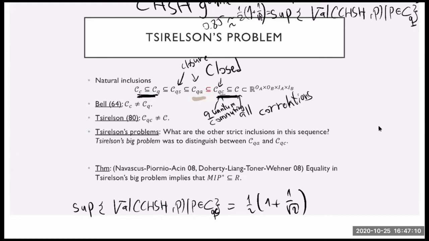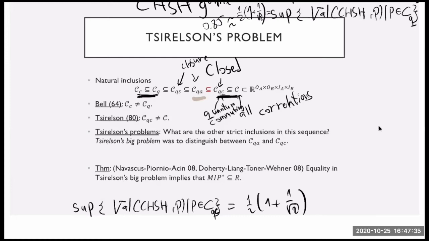The other reason is that this is called Tsirelson's big problem, and this is the Tsirelson's problem that we talked about last time. When we say Tsirelson's problem, we mean whether this inclusion is strict or is an equality.